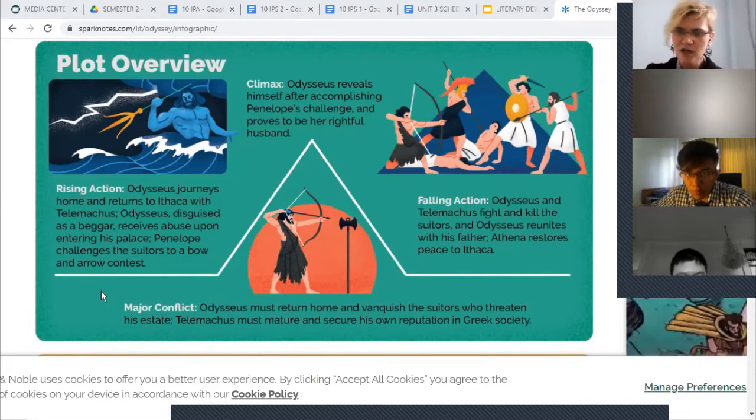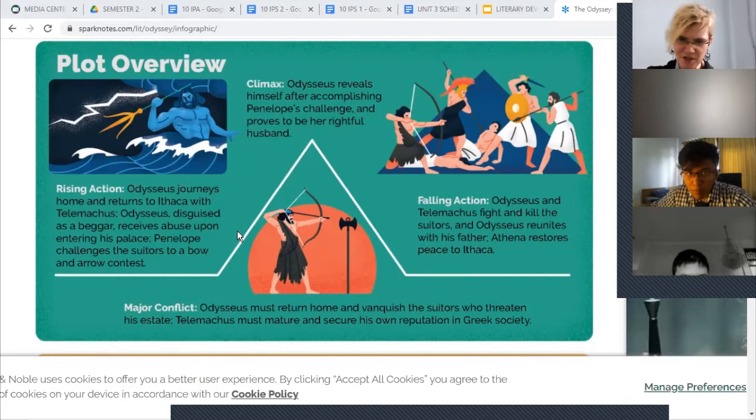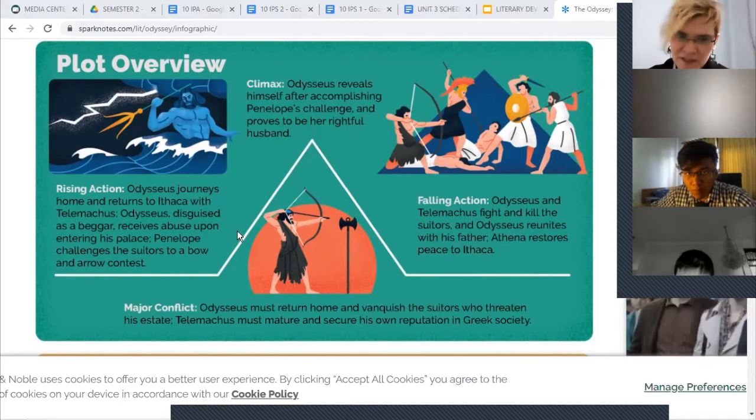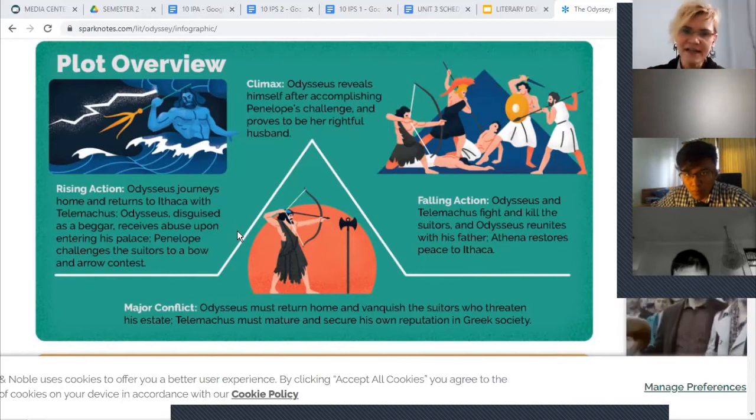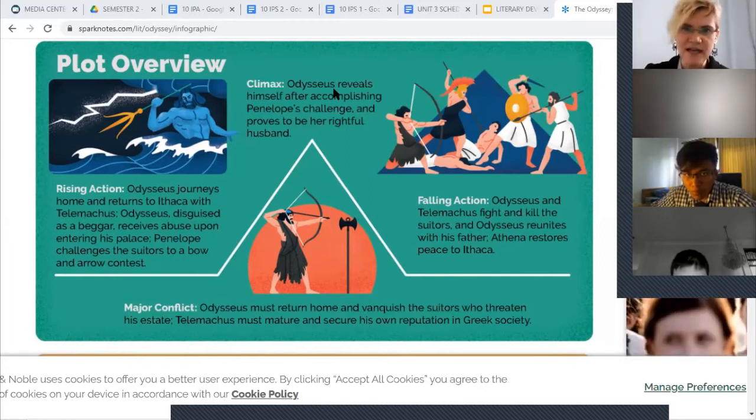So the suitors really want to take hold of the estate. And then the major conflict that we get is Odysseus must return home and get rid of the suitors who threaten his estate to take over. And his son Telemachus must grow up and secure his own reputation in the Greek society.